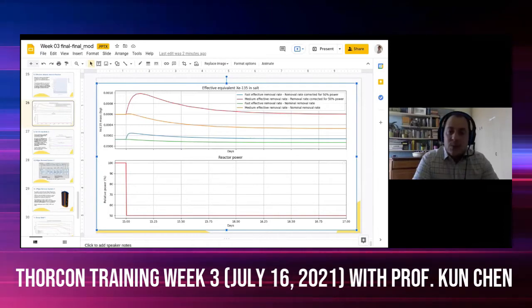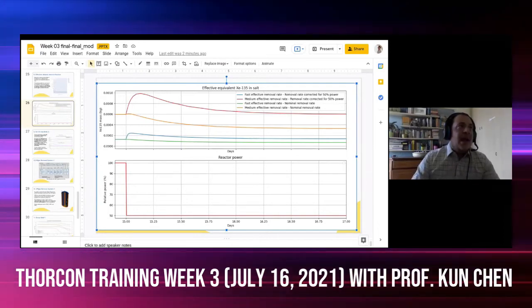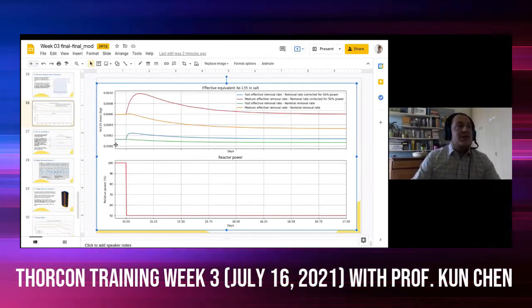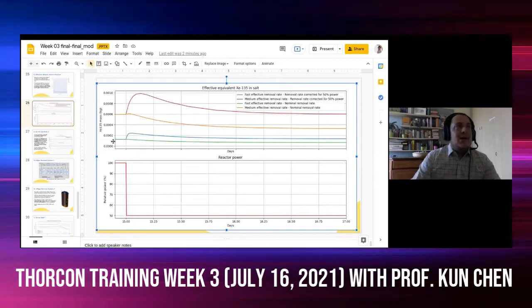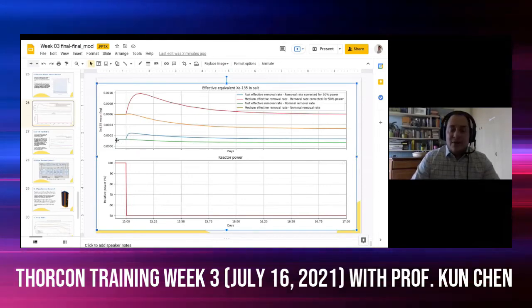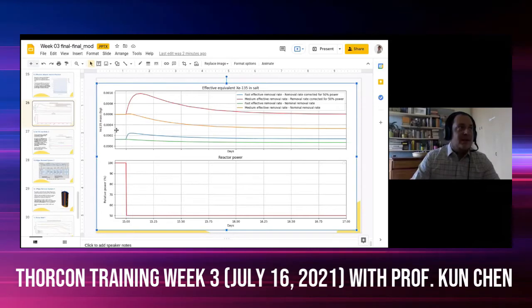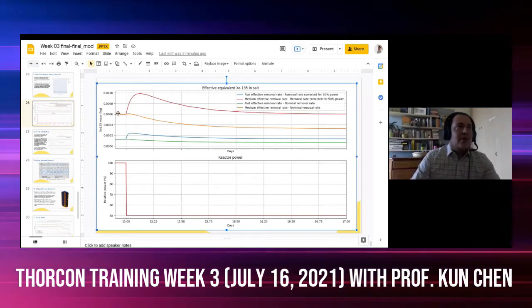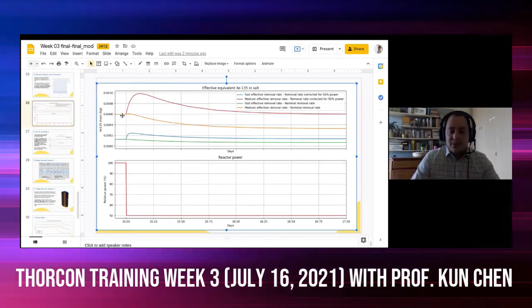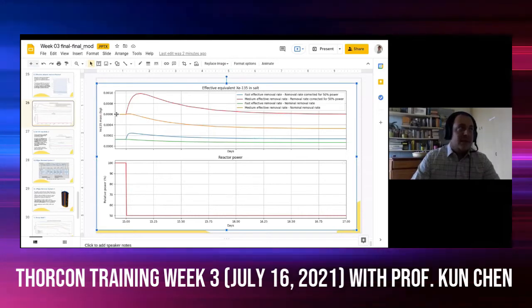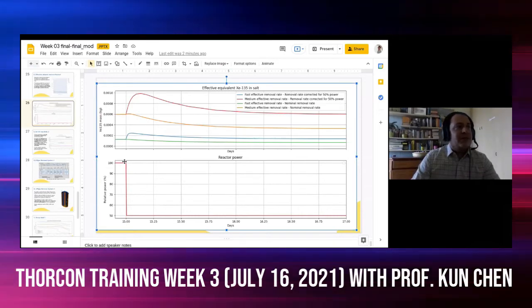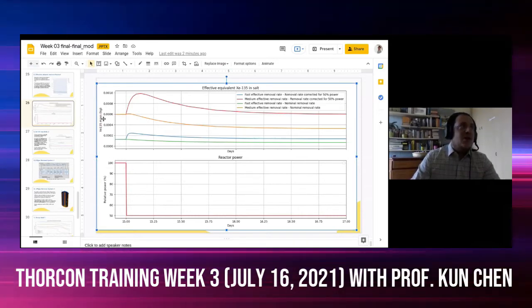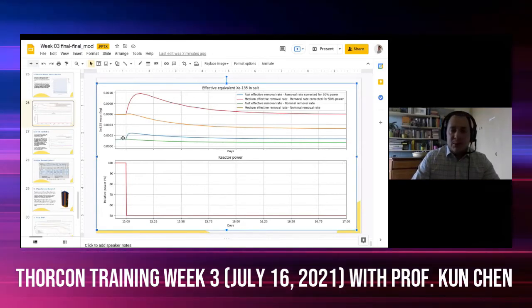This is not perfectly known at the present moment. Nonetheless, we can make hypotheses and assume two different scenarios. One in which we have a very fast effective removal rate, and one in which we have a lower effective removal rate. In both cases, after 15 days of operation, xenon-135 reaches an equilibrium value.